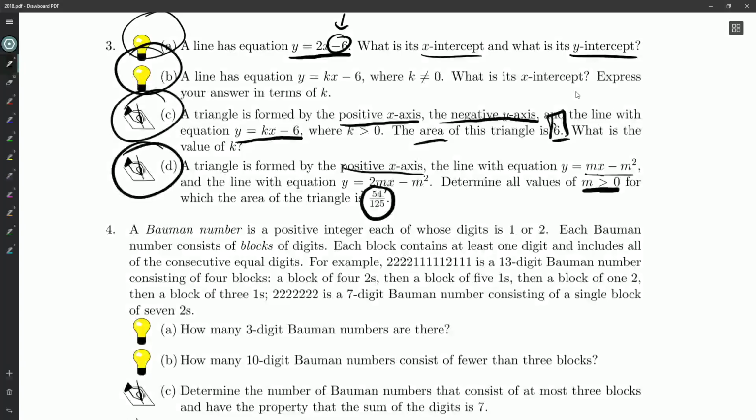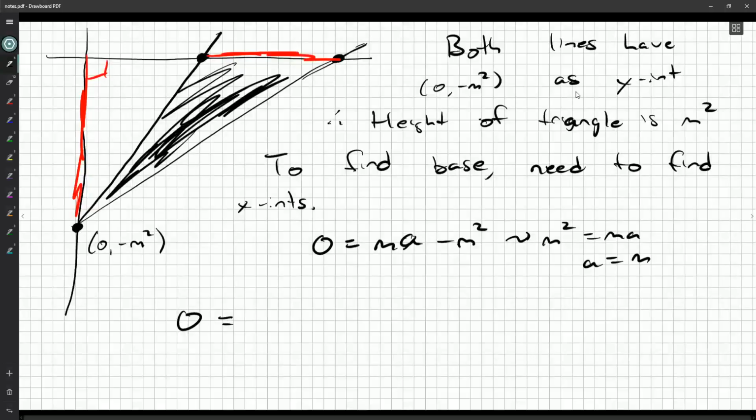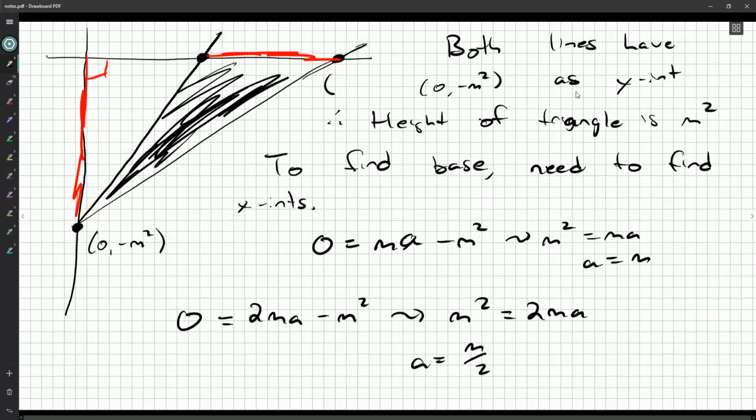I'm not making that up. Yeah, 2mx. Okay, that's what I thought. 0 equals 2ma minus m squared. So m squared is 2ma. Divide by m again, because it's positive. Divide by 2, so a is m over 2. I'd label those on the picture. m over 2, if m is positive, is always less. So there we go.